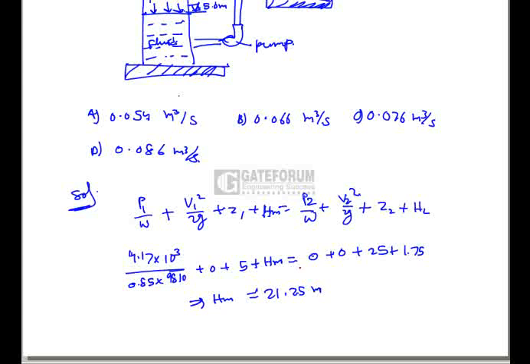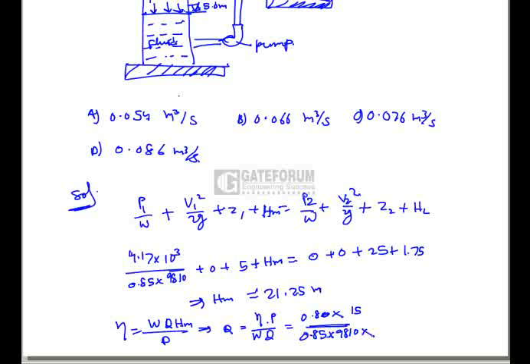So here the efficiency of the pump is given by W Q HM by the power required to pump, and here Q is equal to efficiency into P by W into HM, where efficiency is 0.8, that is 80%, and P is 15 kilowatts, and W is the specific weight, that is 9810 into 0.85, and HM is equal to 21.25, which gives a value of 0.066 meter cube per second.